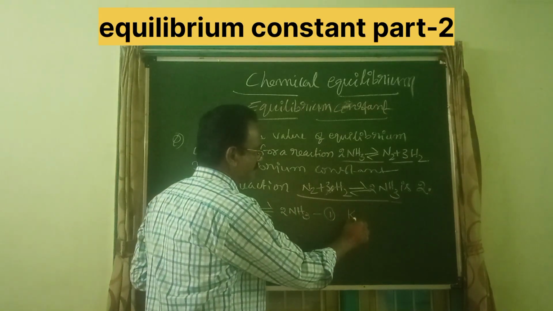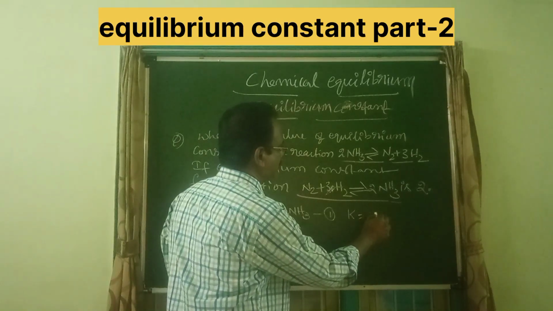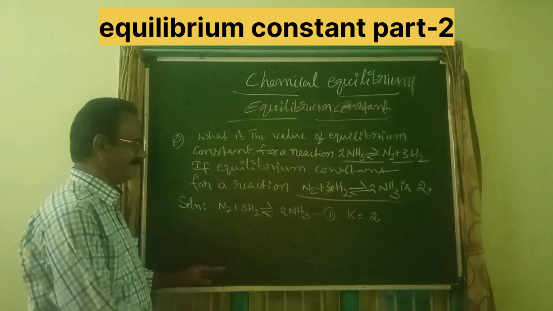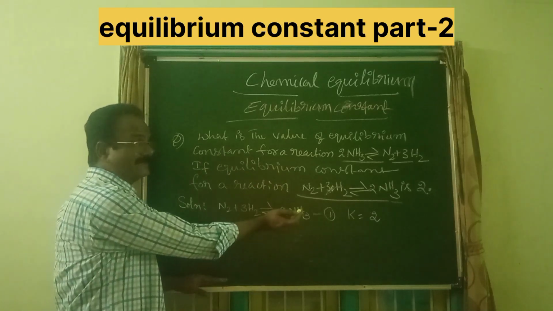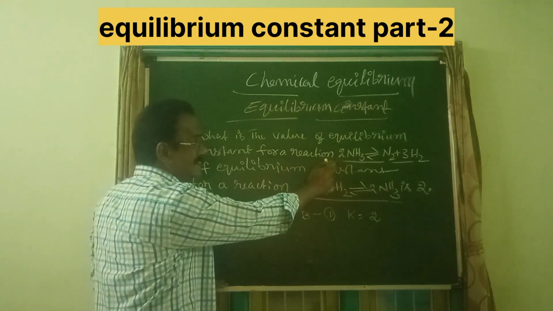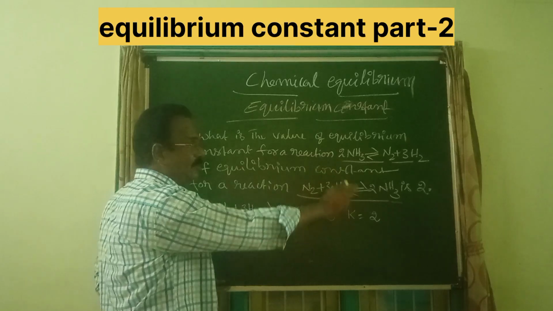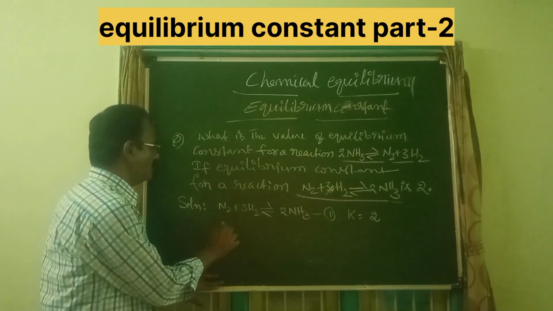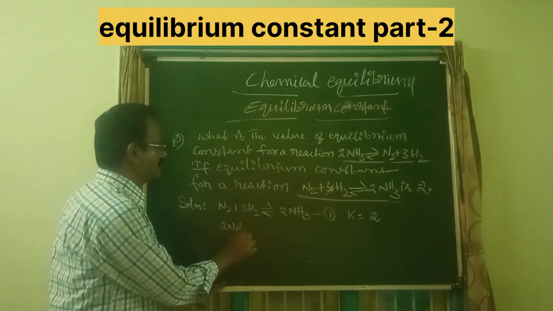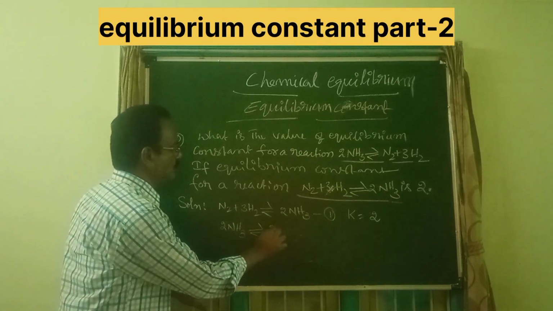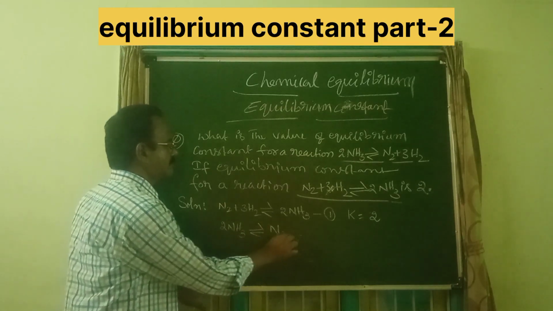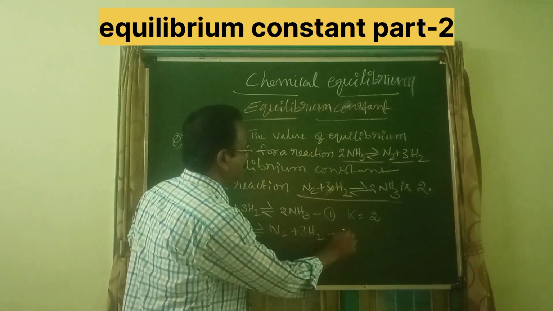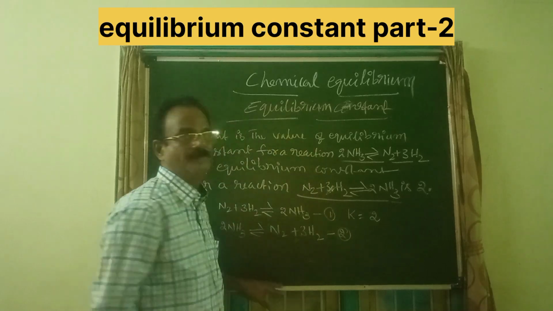The equilibrium constant given in the problem for this reaction is 2. Is it clear? Now let us see the second equation, for which they ask you to find the equilibrium constant. So it is to be considered as the second equation: 2NH3 gives rise to N2 plus 3H2. This is equation 2.